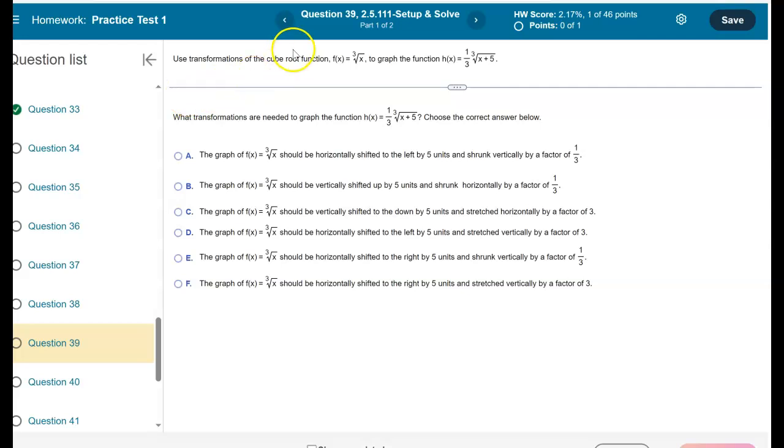For instance, in the following question, use transformations of the cube root function to graph this function. You're asked to determine what transformations are needed.